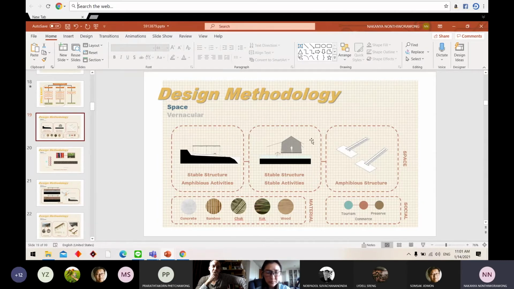The second is stable structure and stable activity. The last is amphibious structure, where the structure moves up and down according to the tidal. And the vernacular materials that I found are concrete, bamboo, kok, and wood.